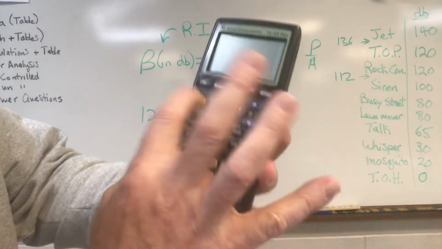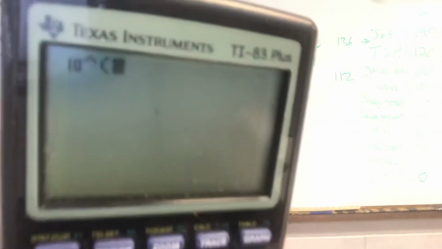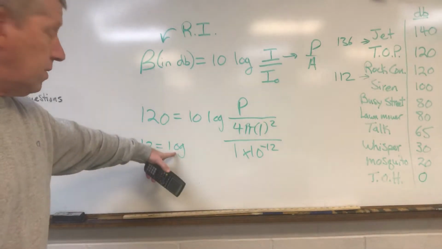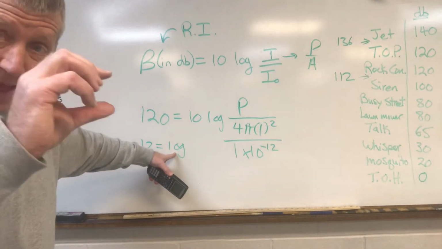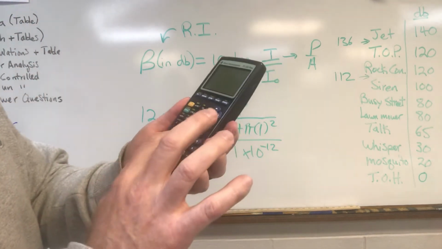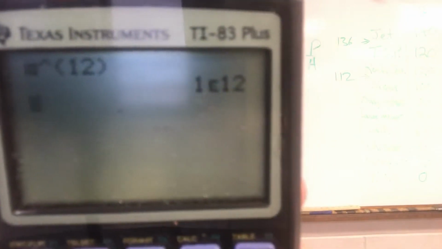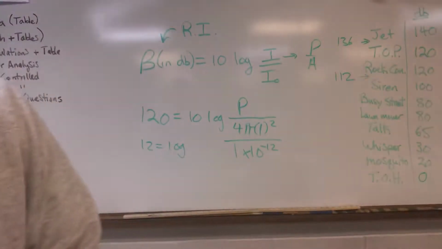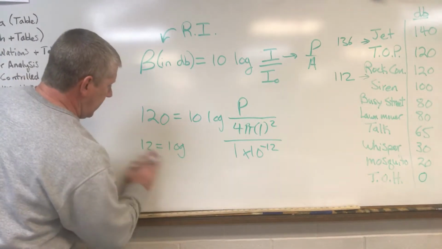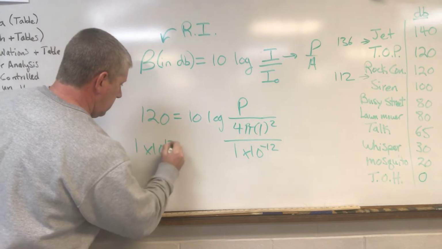I'm going to hit second function log, because I don't want log, I want second function log. I want 10 to the x, 12. So I put the 12 in there, close bracket, boom, we get it. And like I said earlier, 1 times 10 to the 12th is the answer to the inverse log of 12.